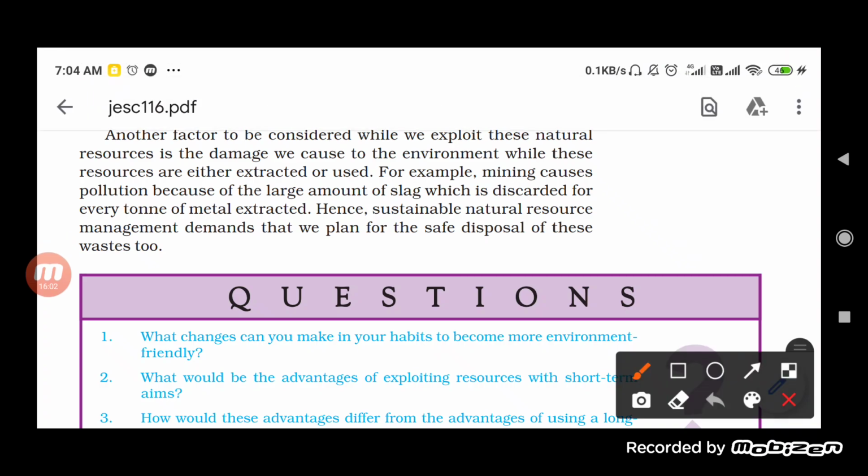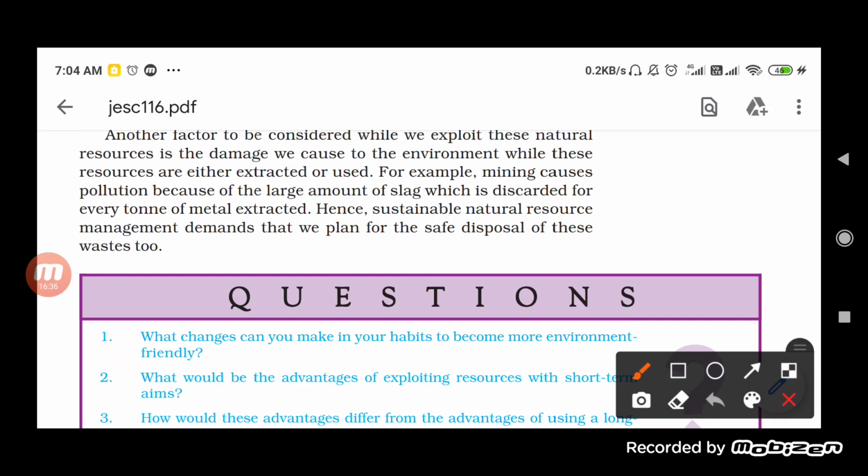See what happens here: if we are planning the management of natural resources, we must ensure that the resources reach each and every person. Equitable distribution will be ensured by proper management only, so that every person can benefit from these resources.